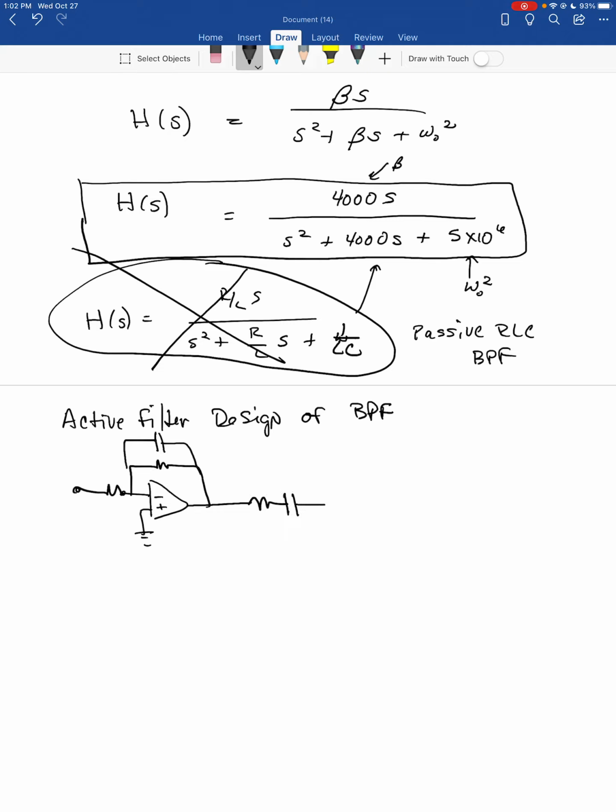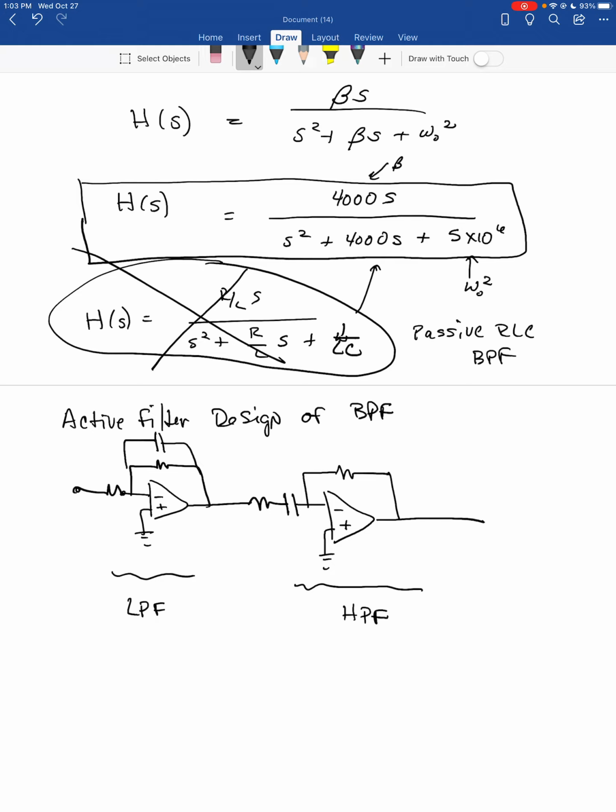So if I put a high pass and a low pass in series, and I've actually drawn them backwards, I put the low pass first. So this filter is the low pass, and this filter is the high pass.